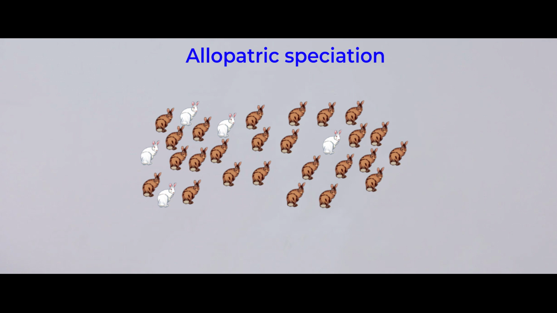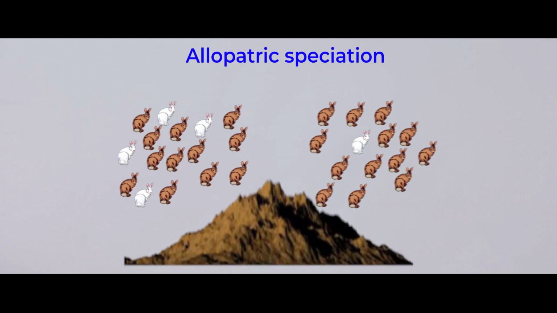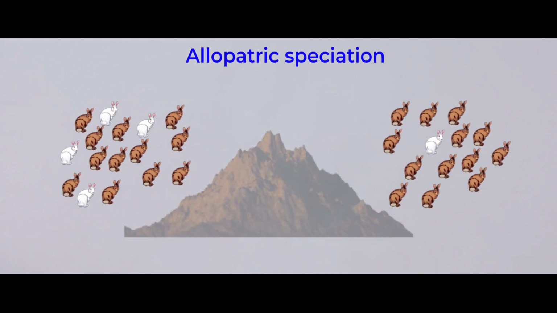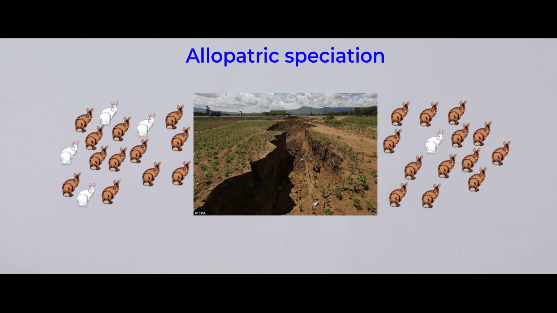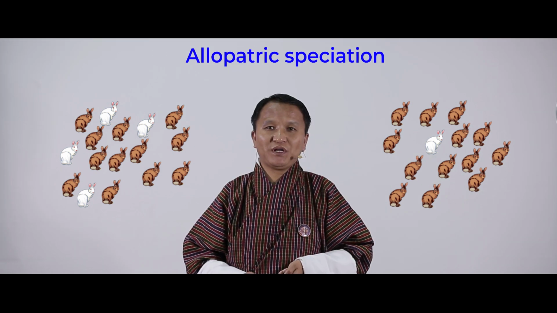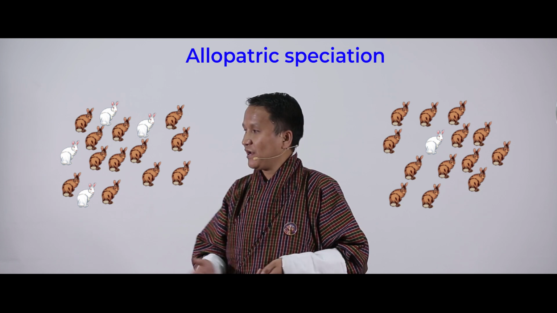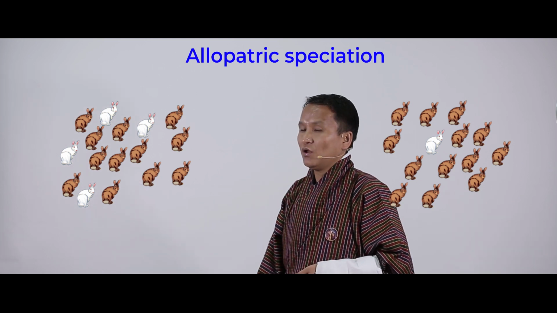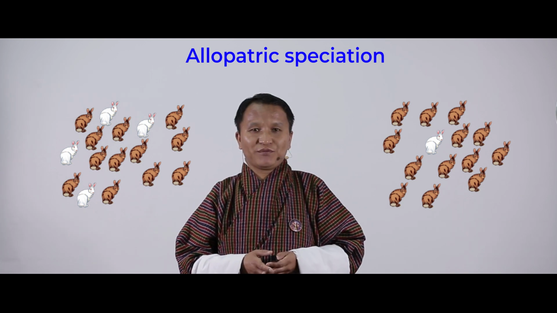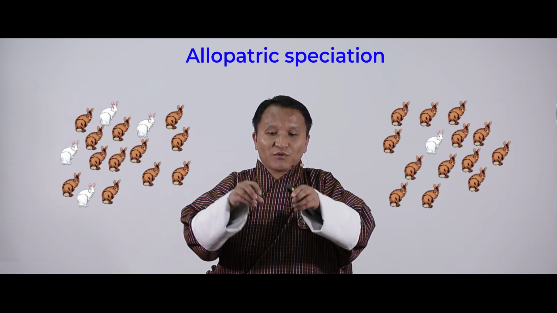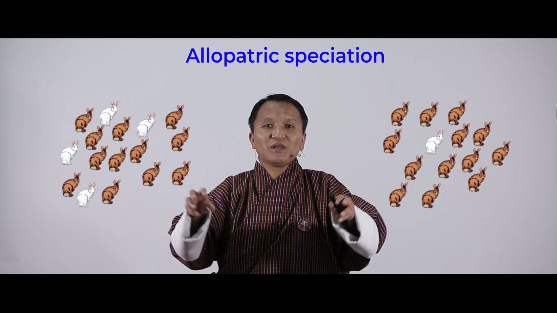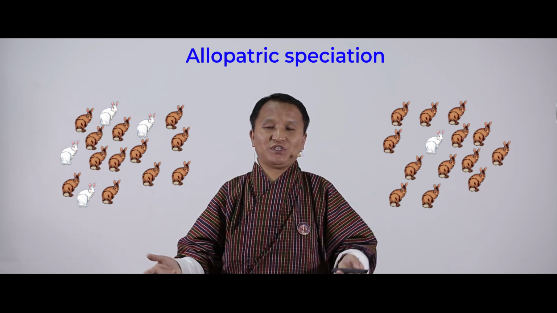The geographical barriers could be due to the formation of a big mountain or big river, or the sudden breaking of the land into separate parts. These separate the population from one another, as you can see here. Once the populations are separated, initially these two populations separated from the original population will carry the same genes.